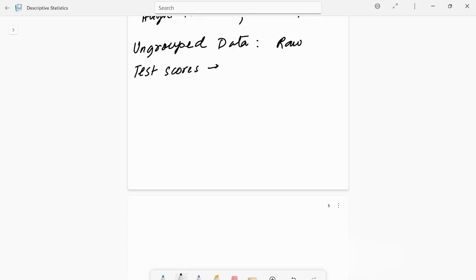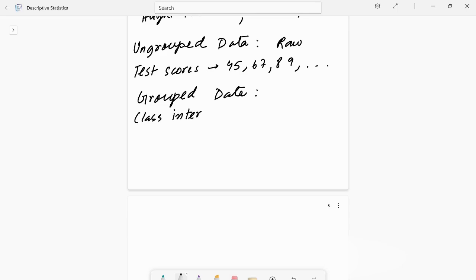Now coming to our next topic, which is grouped and ungrouped data. So let's first start with ungrouped data. Ungrouped data is basically raw data listed as individual values, like test scores. Test scores can be anything like 45, 67, 89, right? And now coming to grouped data. What is grouped data? Data arranged in class intervals with frequencies.